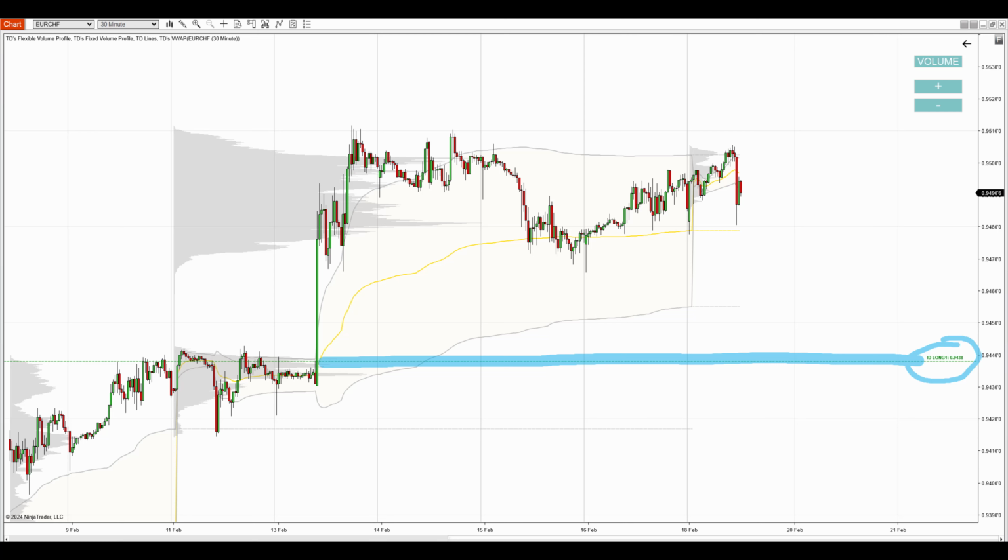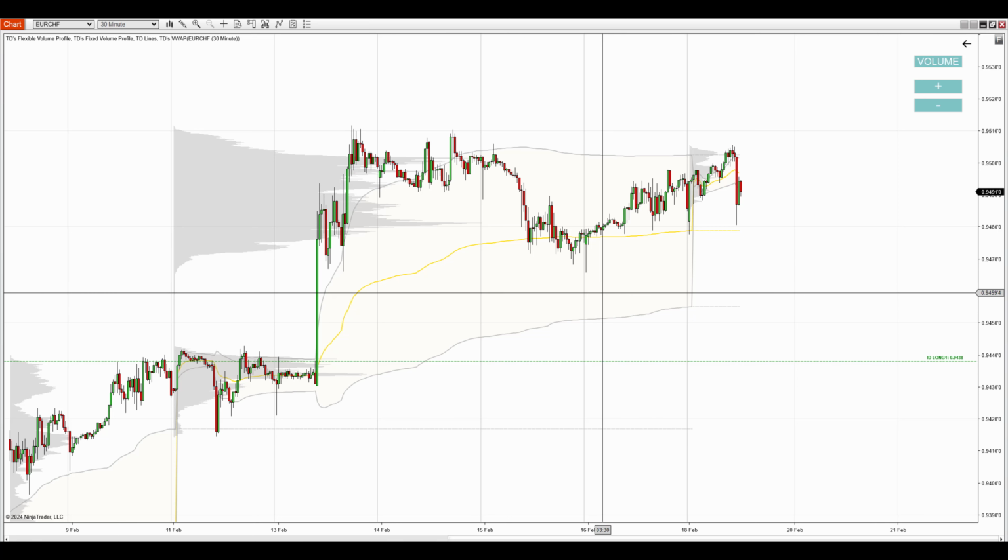With this setup, you first need to see a rotation, like this one, followed by a strong trending activity, like this one. By the way, I really like this aggressive buying movement, this aggressive candle. So this is what you want to see when you trade this setup.